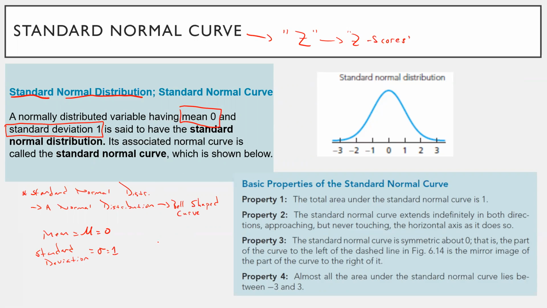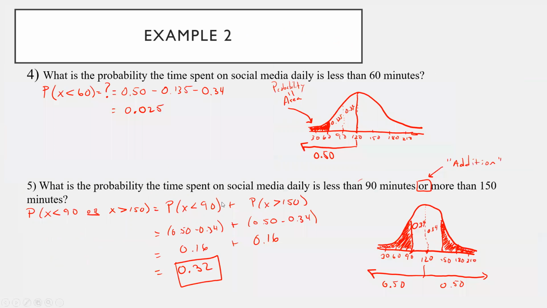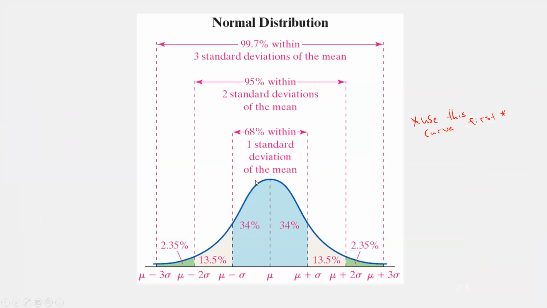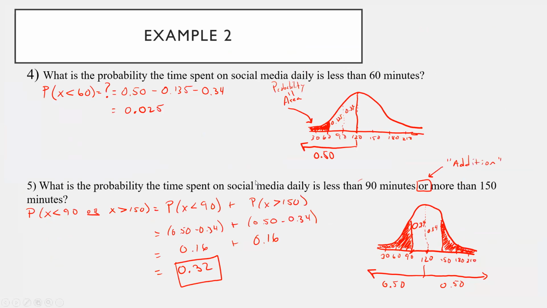What's also amazing about it is that it has the same basic properties as the normal curve that we saw before. So all those properties, and I'm just going to go back real quick, all these properties here hold for this standard normal curve.